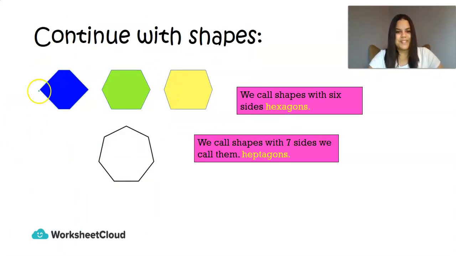Continue with shapes. So, the next one we are looking at is shapes with 6 sides. So, 1, 2, 3, 4, 5, 6. This shape has 6 straight sides, okay? And we call them hexagons.